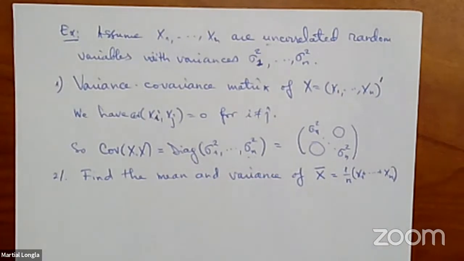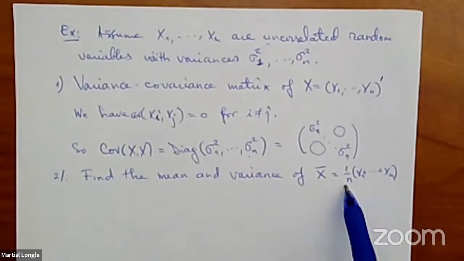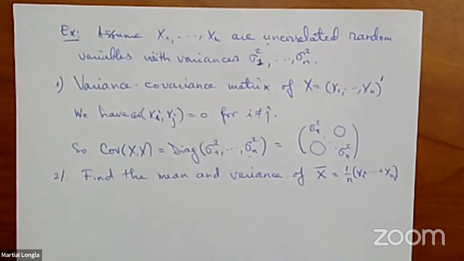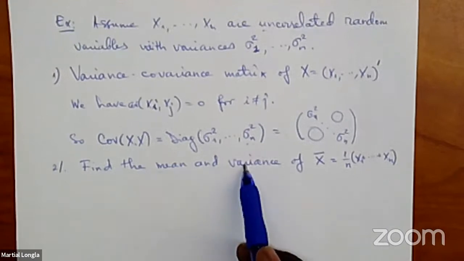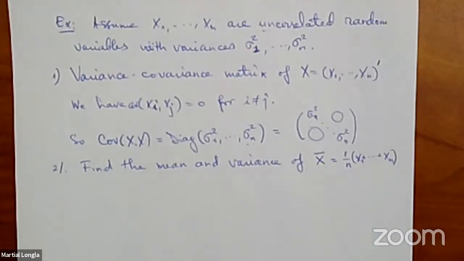So find the mean and variance of x bar. What we call x bar is what we call in statistics the sample mean. When I take a sample from this data, what is the value of the mean of that sample? It's the average of all the observations. You add them all, you divide by the total number of observations that you have. You call that the sample mean. And here I'm asking you to find the mean and the variance of the sample mean. That's the question.